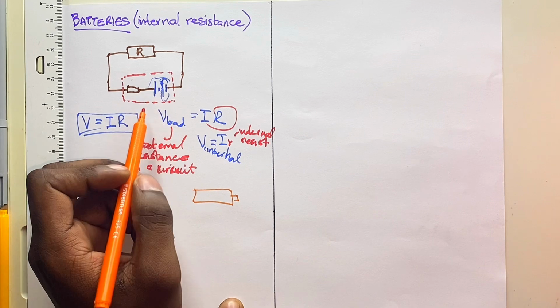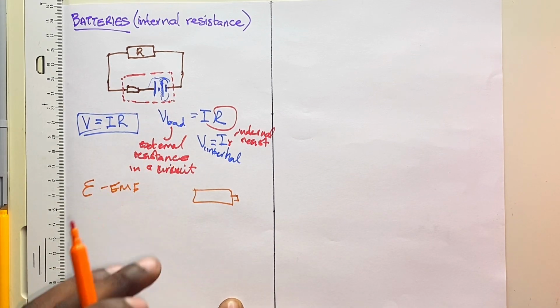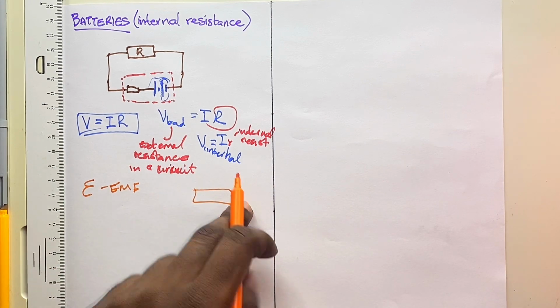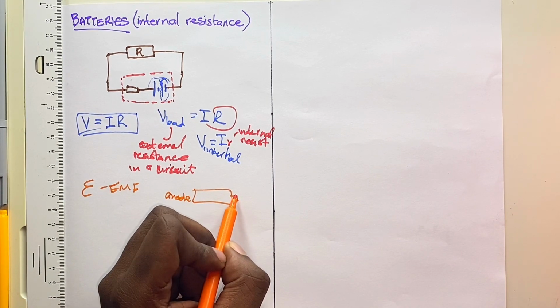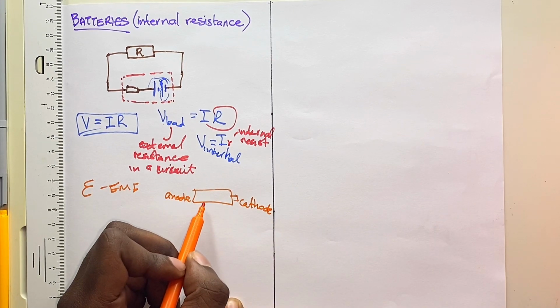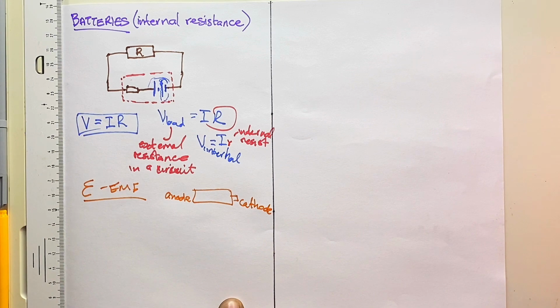So this EMF will push the electrons, encouraging them to move from the negative terminal to the positive terminal. The negative terminal we call the anode, and the positive terminal we call the cathode. So it's like the starting point of the battery's life.